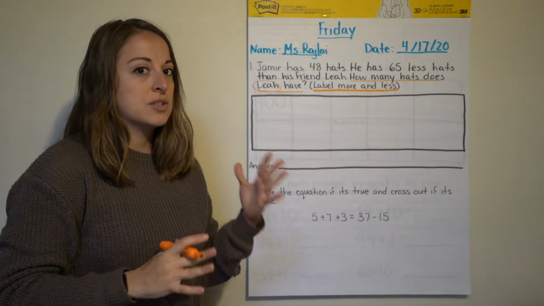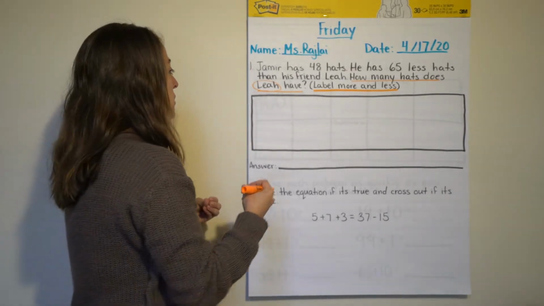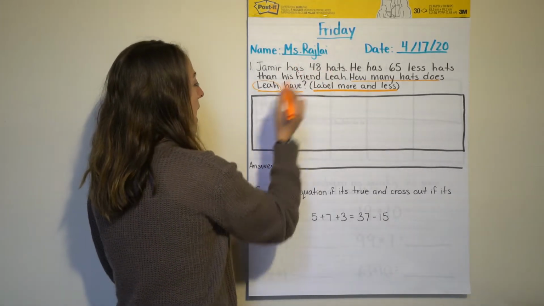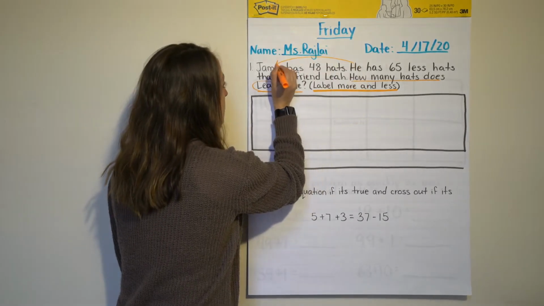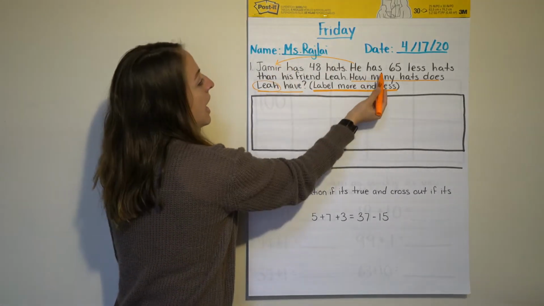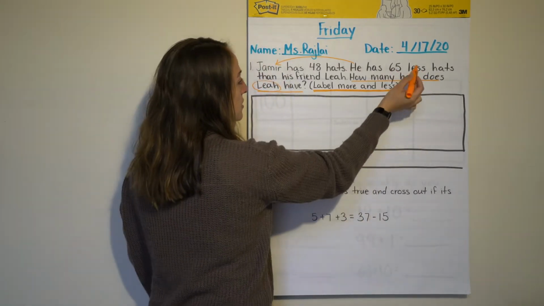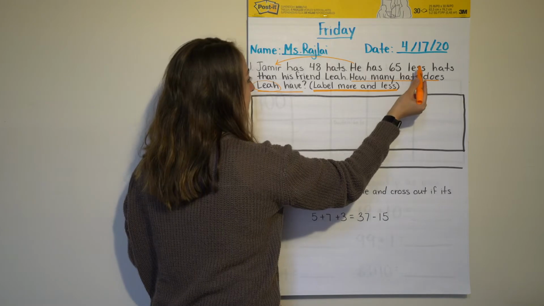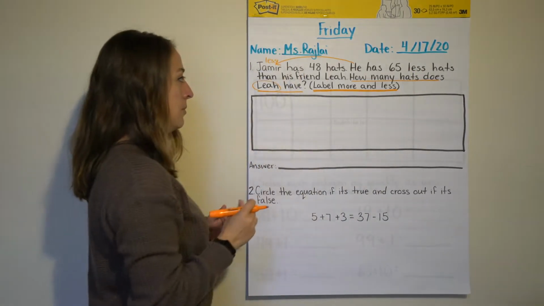I've noticed that we're still having some confusion, so I'm actually going to show you how to do that. So Jameer has 48 hats. So they're talking about Jameer still. He has 65 less. So they're saying that Jameer has less. Jameer is going to have less for his label.